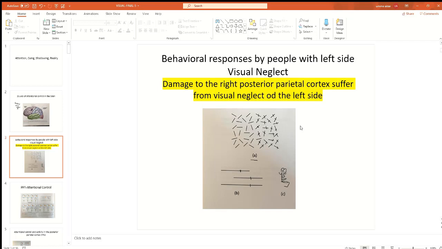And after he finished his task, you can see that he crossed or marked lines on the right side of his visual field.